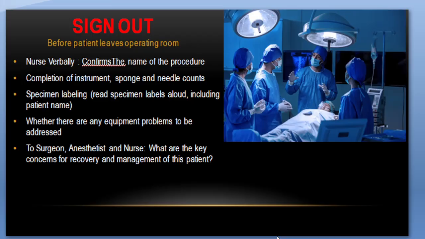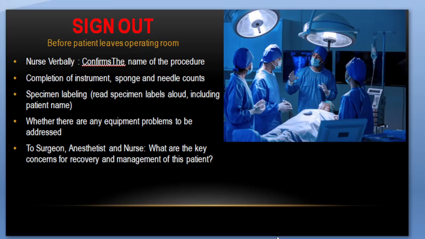Here it includes what the surgical team says we have to implement after the surgery, once the patient is shifted to the post anesthetic care unit. In that unit, what are the things we have to implement for easy and healthy recovery of the patient?